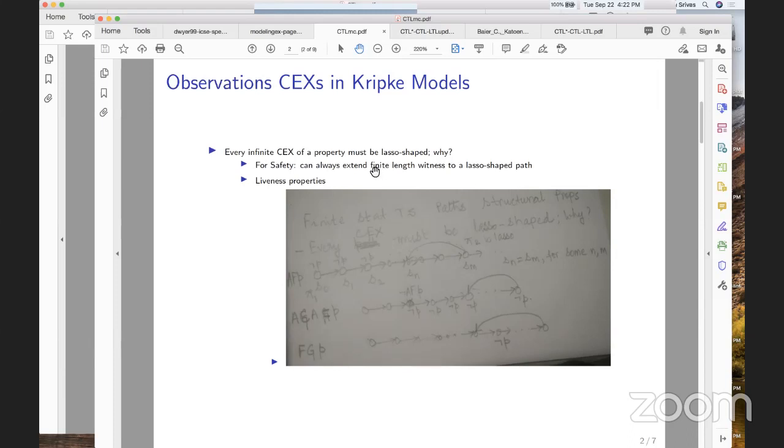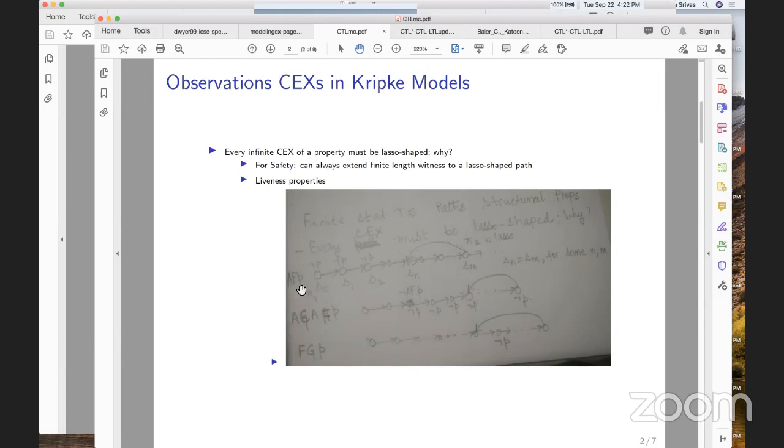So you can always construct a lasso shaped path for safety. For liveness is where it gets a bit tricky. All these things follow from the fact that it's true only for finite state transition systems, as long as the universe of states is finite.